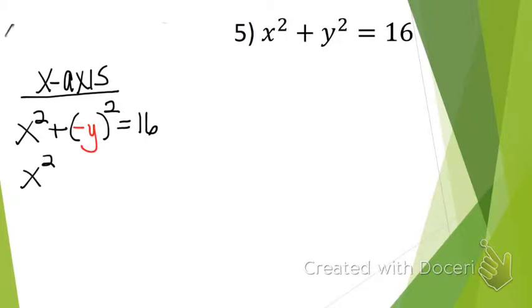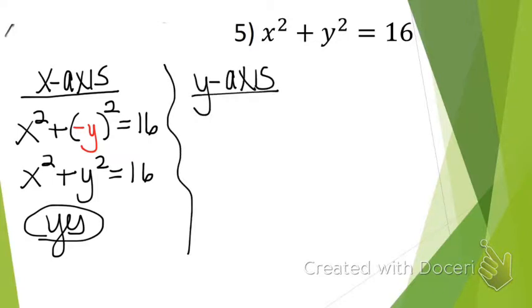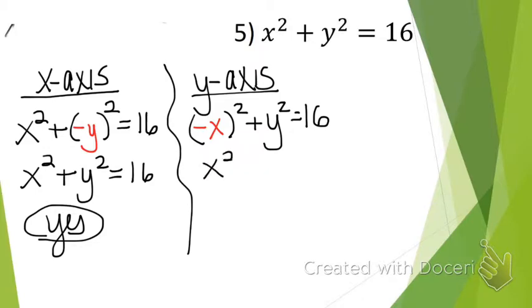Well, negative 1 squared is positive 1, so it's x squared plus y squared equals 16. So the answer is yes. Now let's check for y-axis symmetry. Replacing the negative x, again, negative 1 squared is positive 1. So we get another yes.